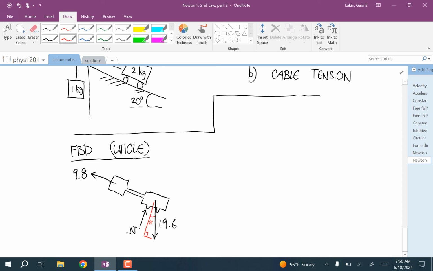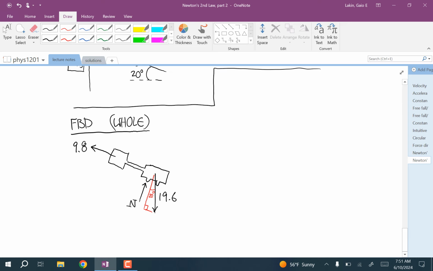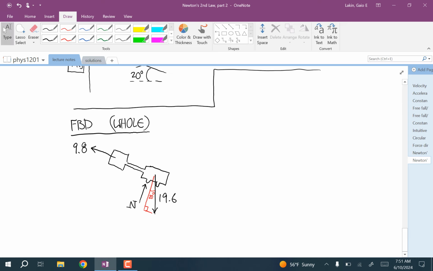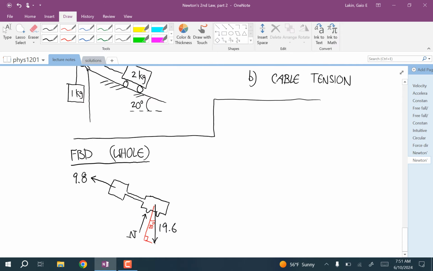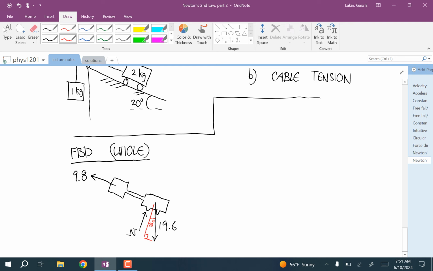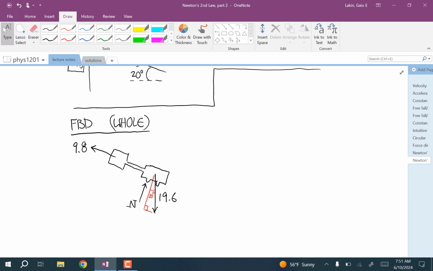And so we're going to use trigonometry to figure out what that leg of that triangle is that's parallel, that's along the surface of rolling. Our positive is down the ramp. So that means that that weight force is negative.